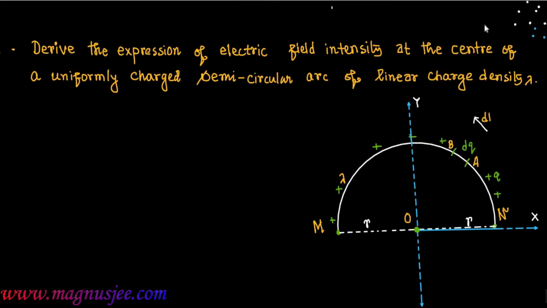And this small portion AB subtends an angle d theta at the center O of the semicircular arc.